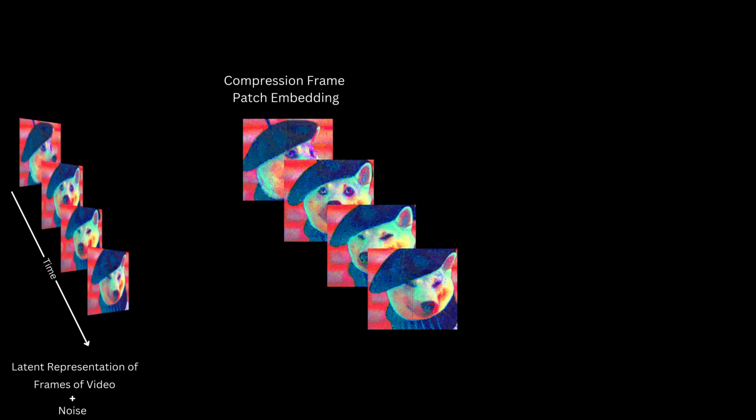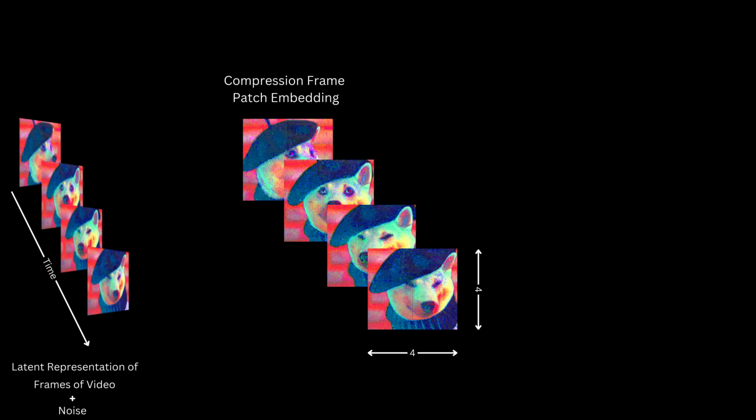One they call as compression frame patch embedding, which is similar to tubelet embedding of Diffusion Transformer paper. Say you have these latent images for a video that has 4 frames, and the latent image height and width is also 4. In this variation of patch embedding, we extract representations of non-overlapping tubes of having certain height, width, and temporal size.